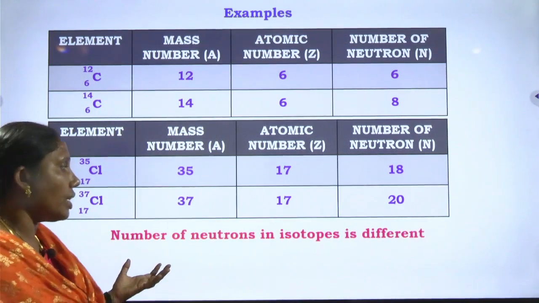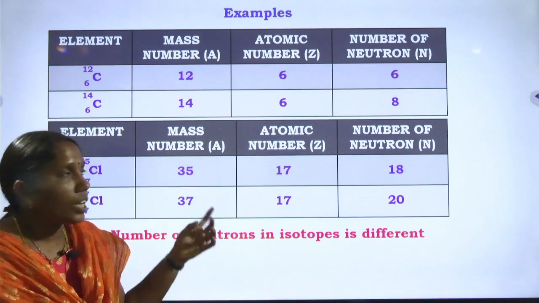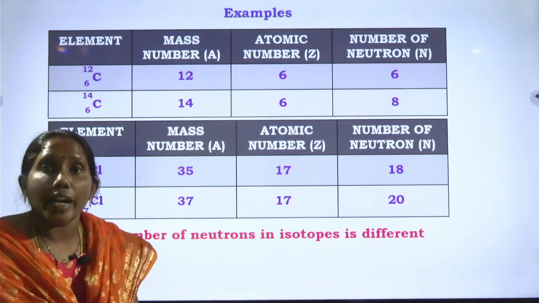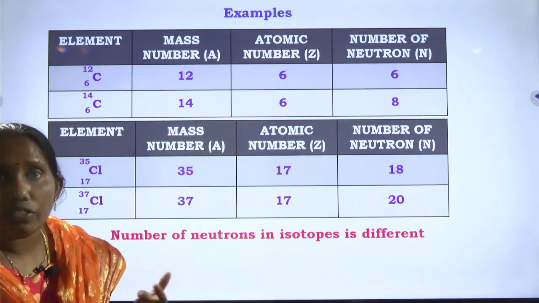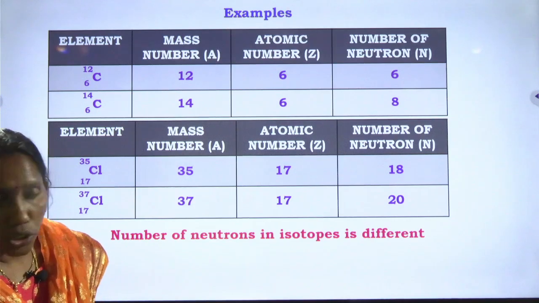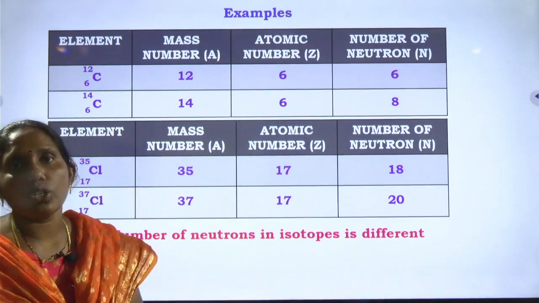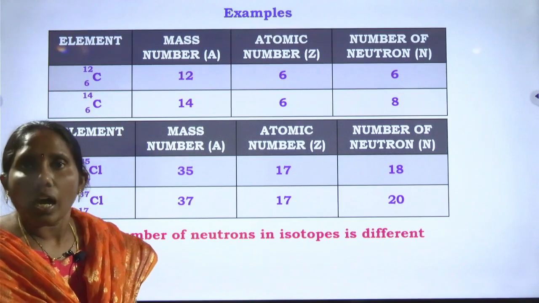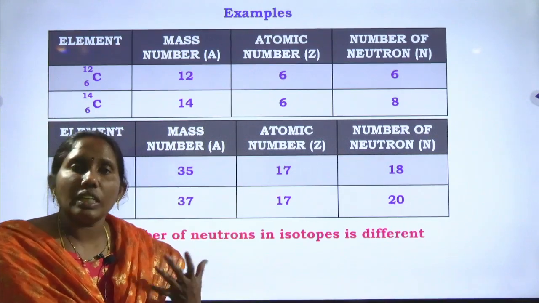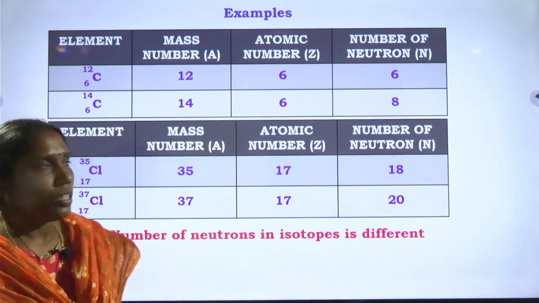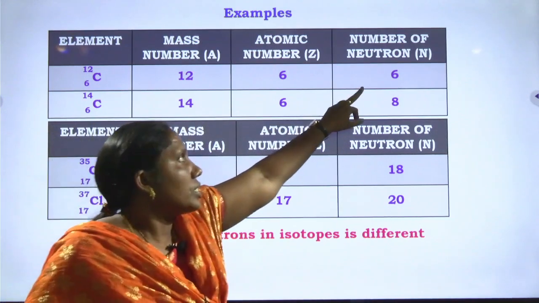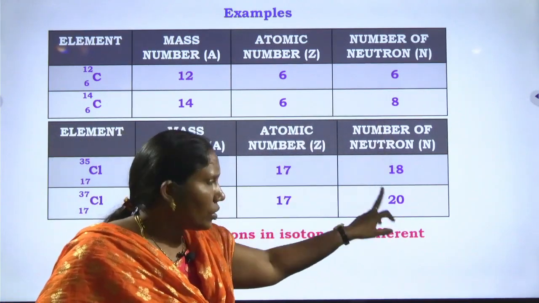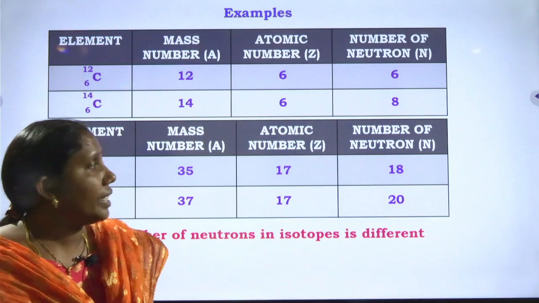So we learned how to calculate the number of neutrons from this table, and we can also say that if the numbers of neutrons are different, those are said to be isotopes to each other. Isotopes will have different numbers of neutrons. Carbon isotopes have 6 and 8, chlorine isotopes have 18 and 20.